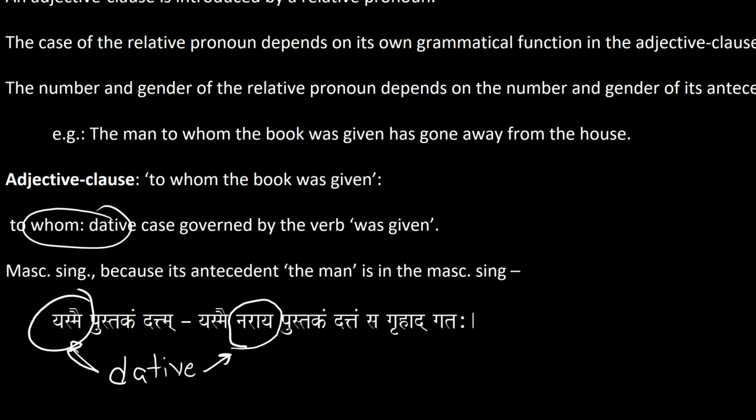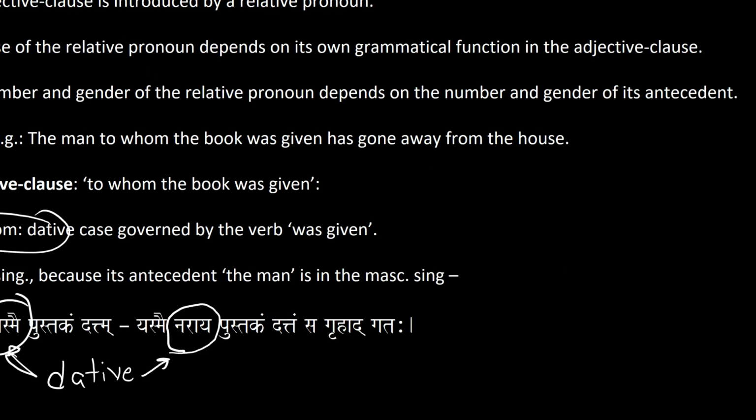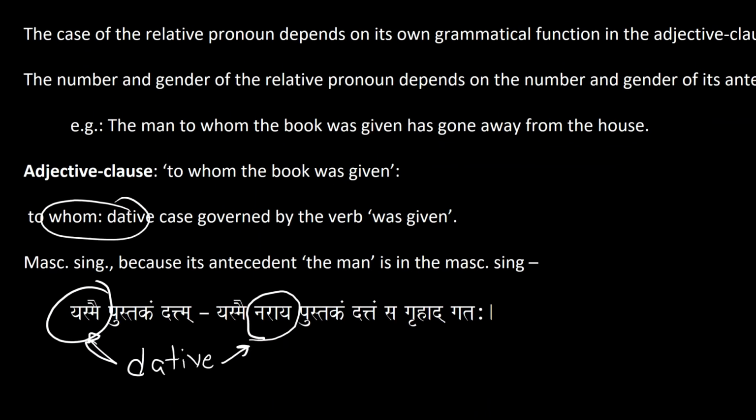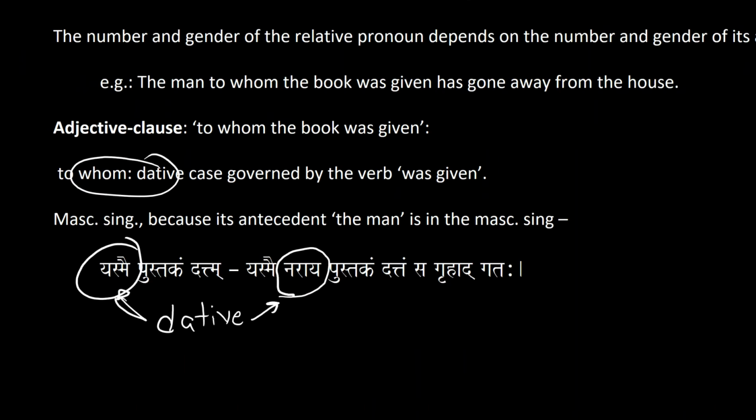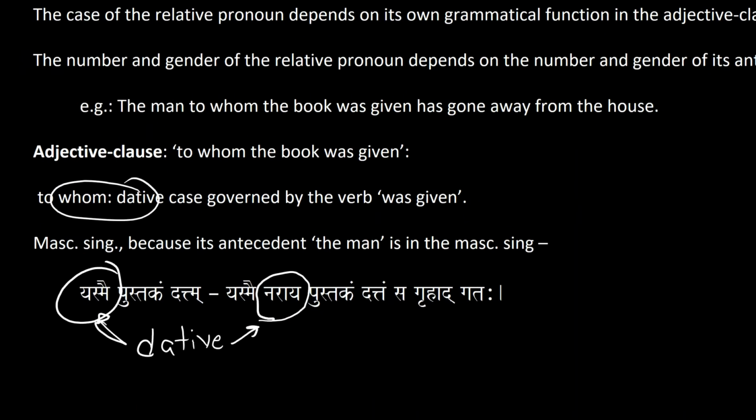It says the number and gender of the relative pronoun depends on the number and gender of its antecedent. So the relative pronoun is dative, and so is the antecedent, which is the man. That's why they need to agree with each other.